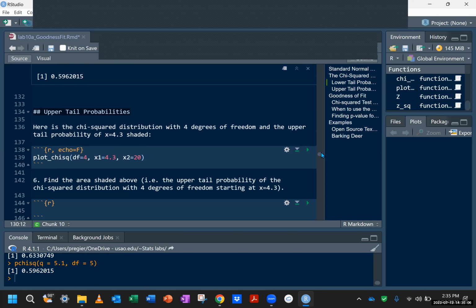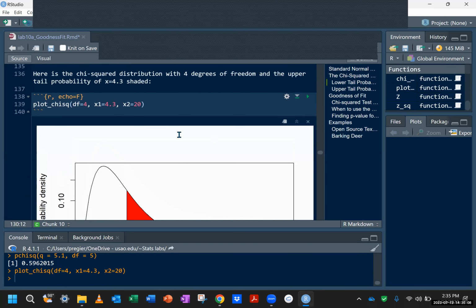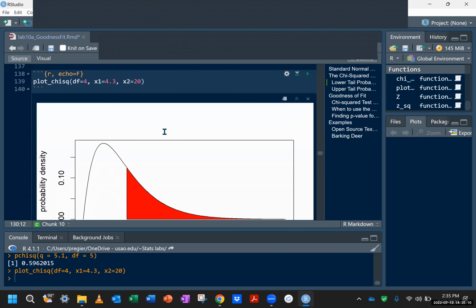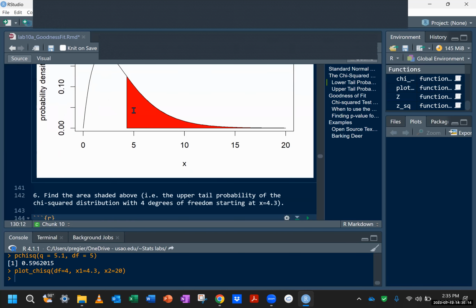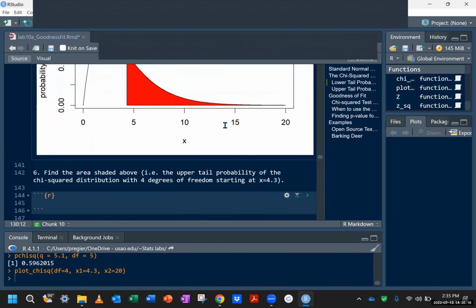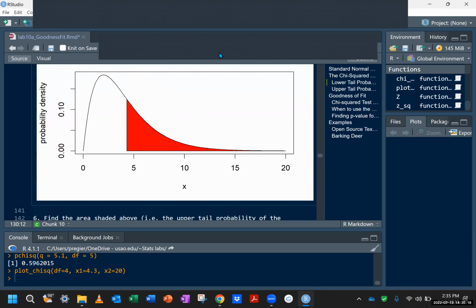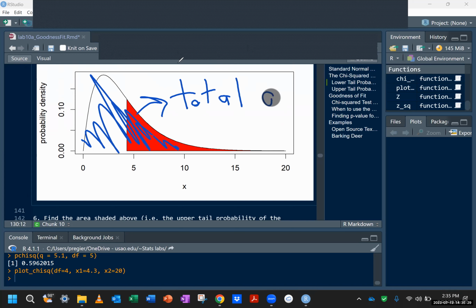Here's everything above 4.3 with 4 degrees of freedom. How do we find that area? Well, since it is a distribution, all these distributions have the property that the total area is always going to be 1.